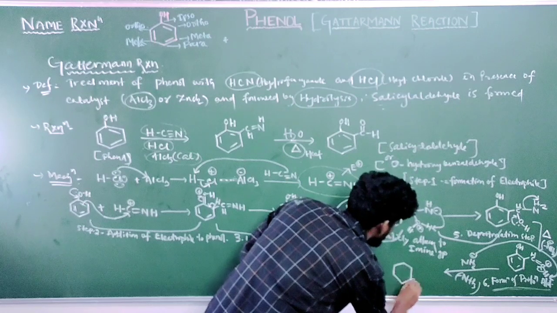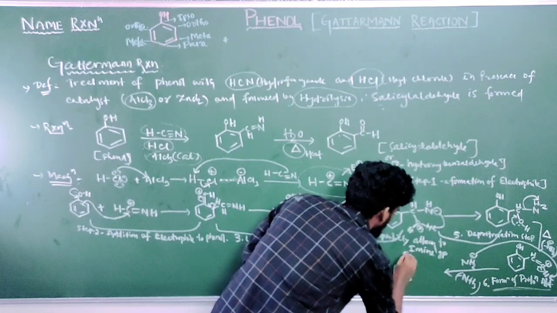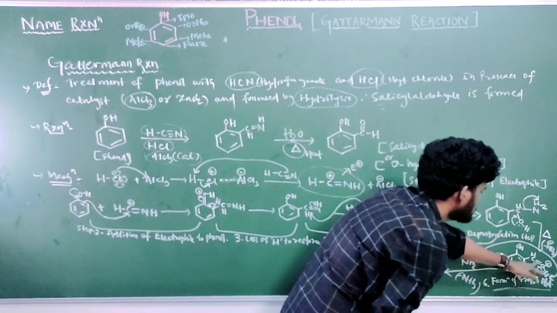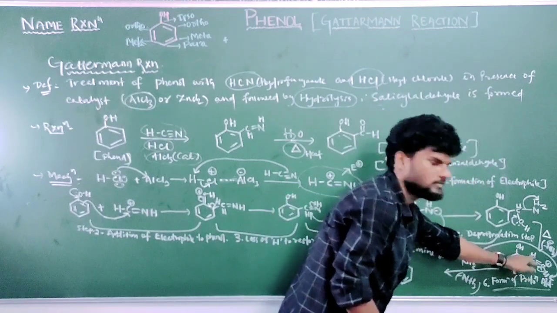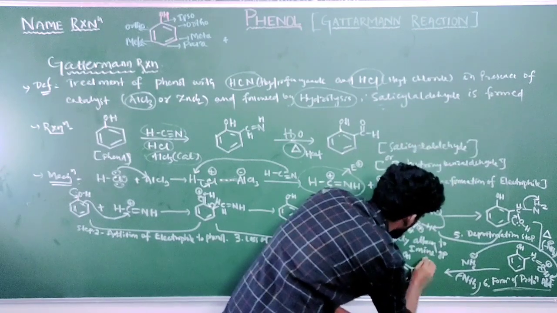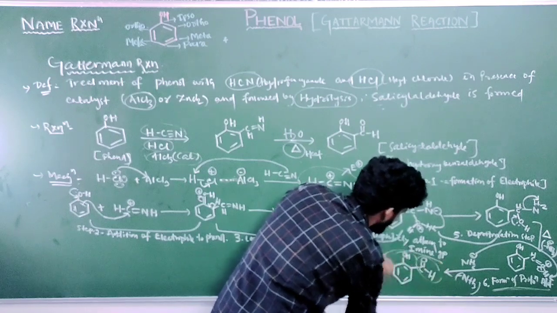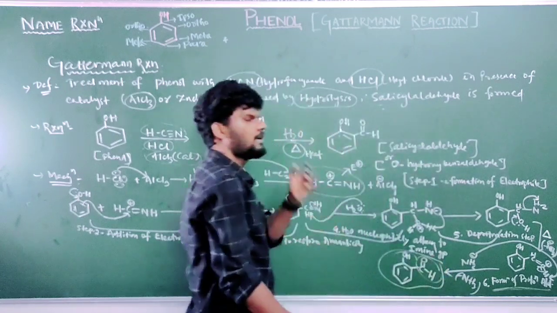And the remaining part is OH and C double bond O and H. This is the aldehyde group, this is the phenol group, and the whole molecule is salicylaldehyde.